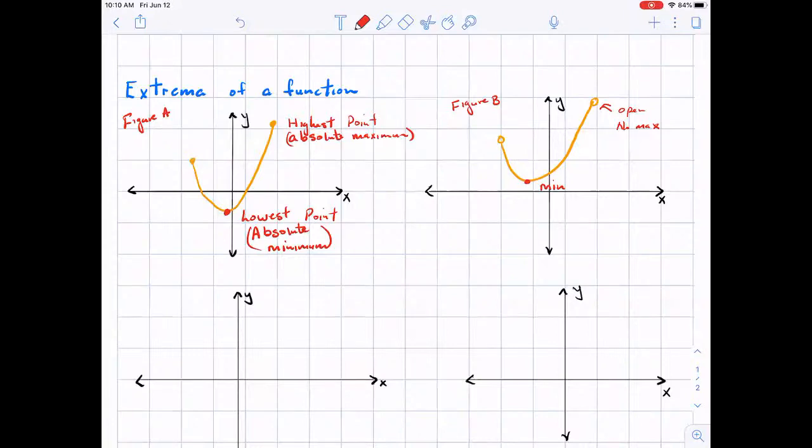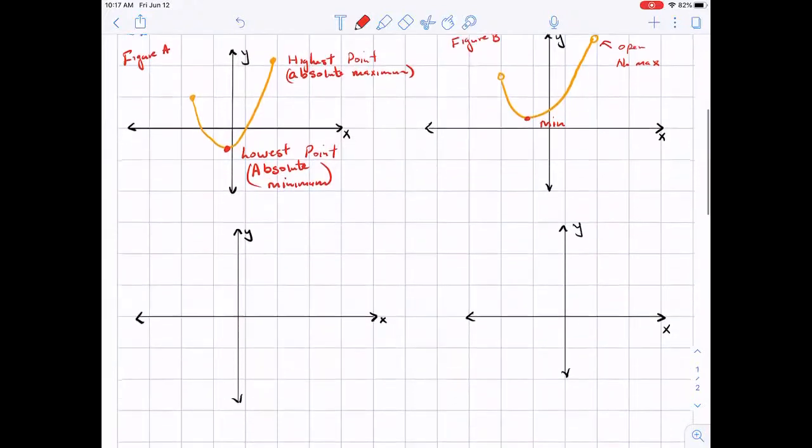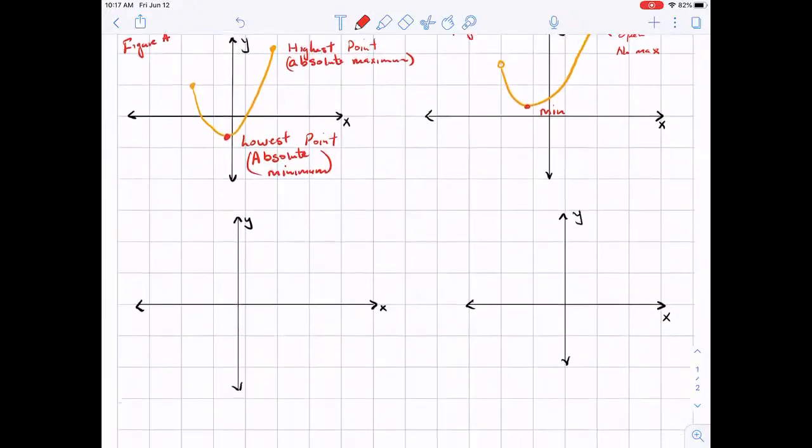So if we only have one, we have an extremum. When we speak of extrema, we're talking about more than one. So here we only have an extremum. As you can see, the graph really differentiates if there's a max, if there's a min. I'll give you the definitions in a minute of what these things are.